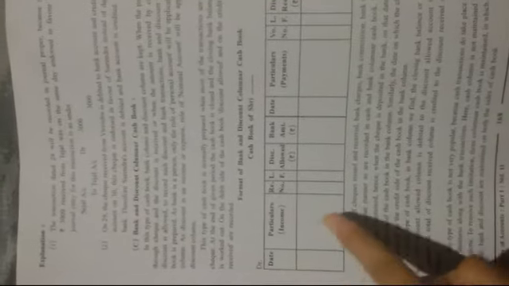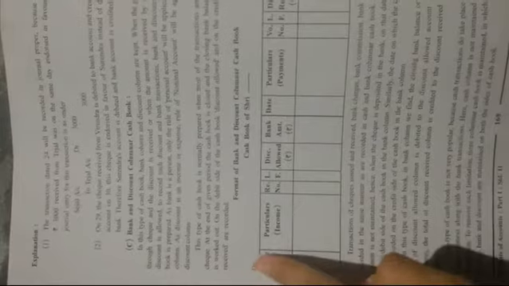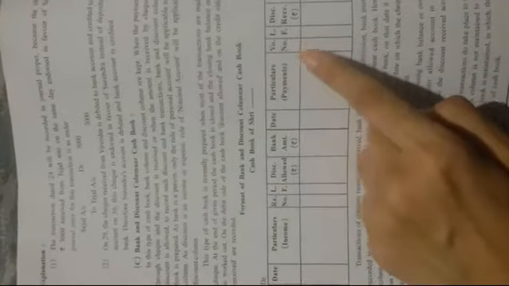First column would be the date, then the second column would be the particulars, or in other words the income, then receipt number, then LF number, then discount allowed on the debit side, then the bank amount column. Then again start with the date, then particulars, payment, voucher number, LF number, discount received column, and the bank amount column.